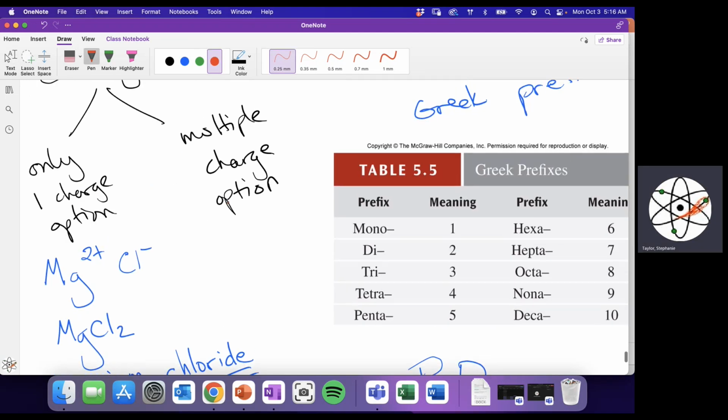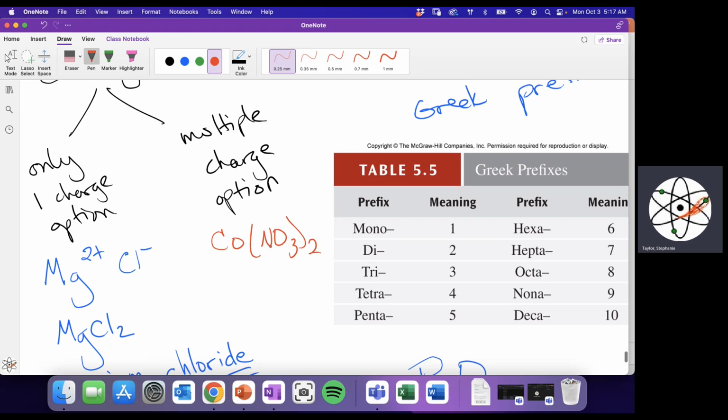If you have multiple charge options, so let's say we were doing, and now to actually have more information, cobalt, and let's go ahead and throw in a polyatomic anion.